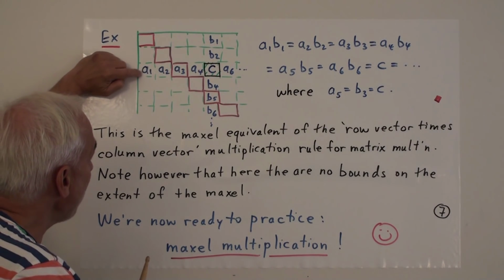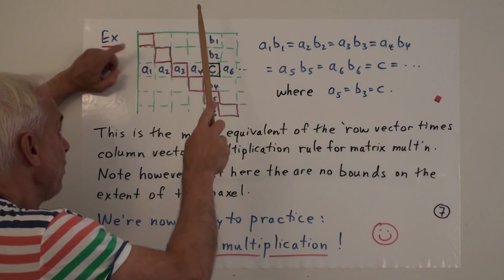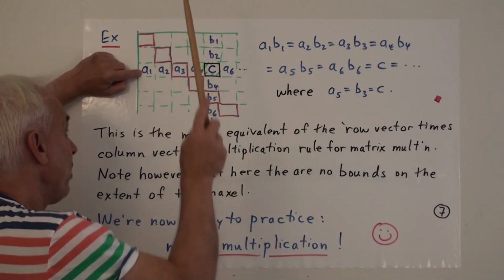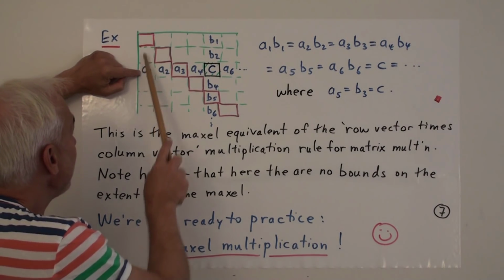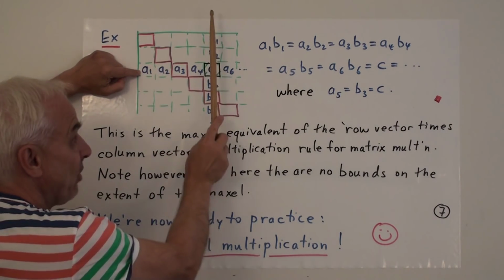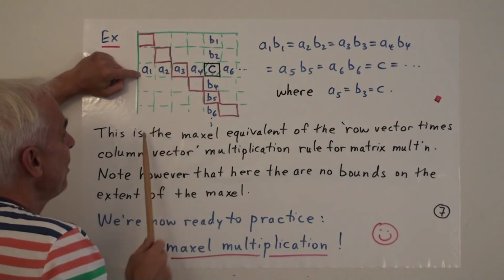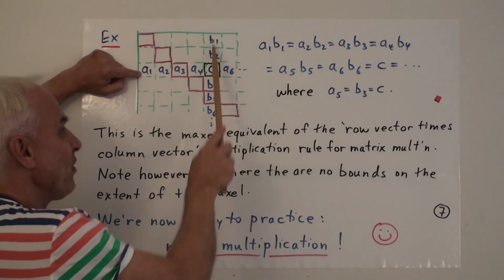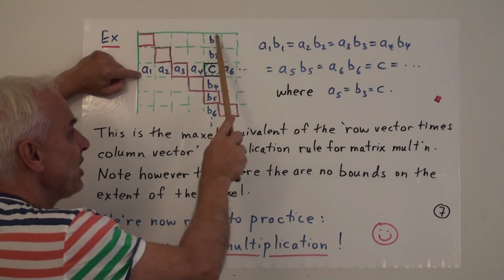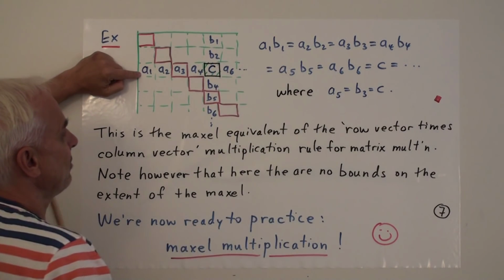So corresponding to this A1, what is the B pixel that we have to choose in order that the product of this A1 with the corresponding B gives us exactly C? Well, we have to go up here to the diagonal and then across until we meet the column of C. That's exactly that one there. So the first pixel in this row has to multiply with the first pixel in this column to get C. So A1 times B1 equals C.